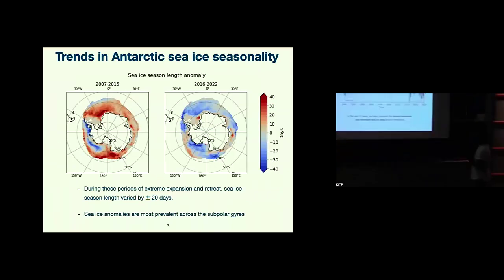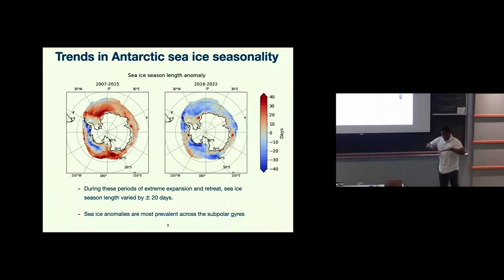Looking at the spatial extent of these anomalies, here I'm showing the anomalies in sea ice season length. For each grid cell, how many days did the sea ice occupy that grid cell? These are deviations away from the average. Here I group them into the ice expansion period from 2007 to 2015, and the ice retreat period following after.